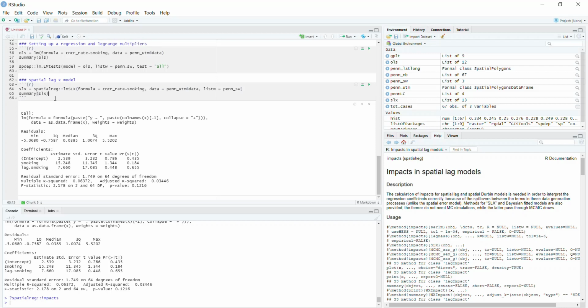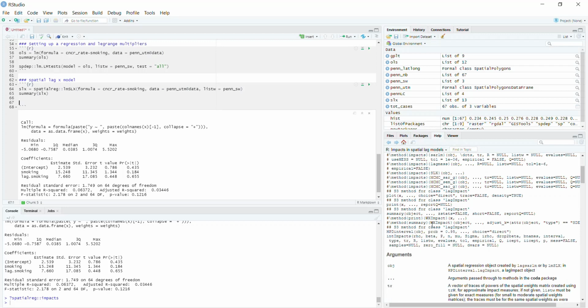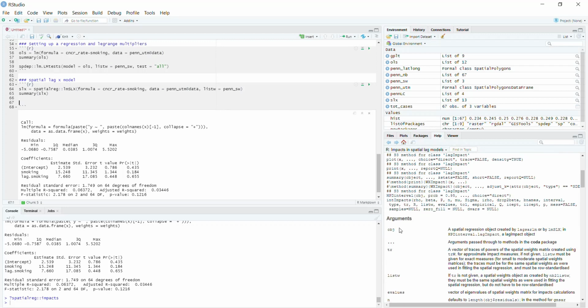So if we go up here, you can see that what it takes in as an argument is the object, so this is going to be the spatial lag model, and the listw, which is going to be the spatial weights matrix again.